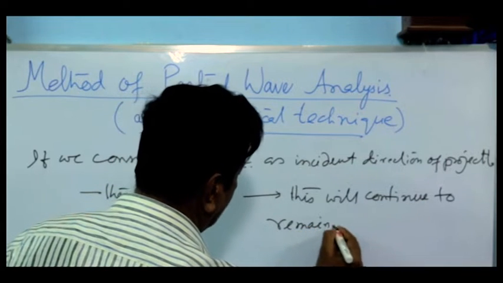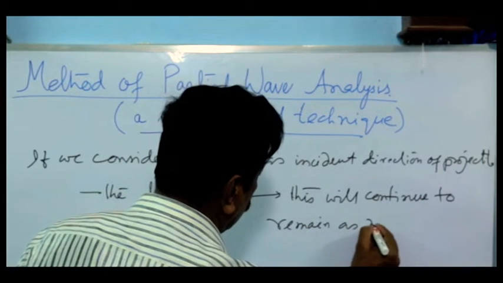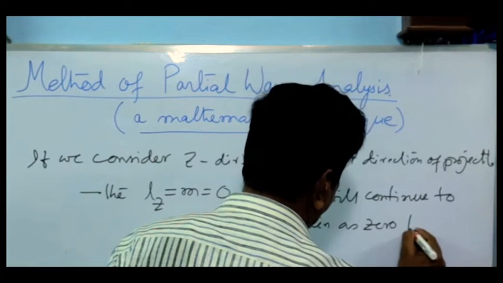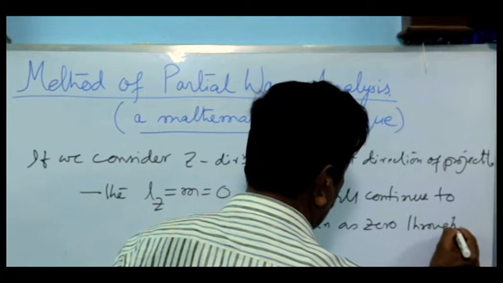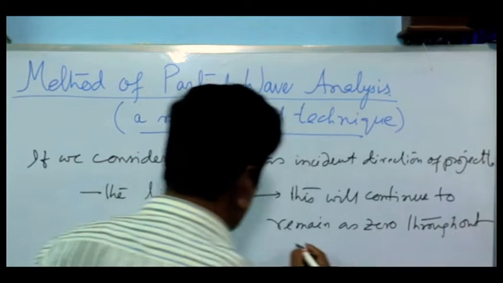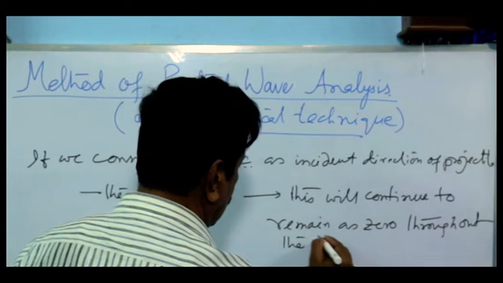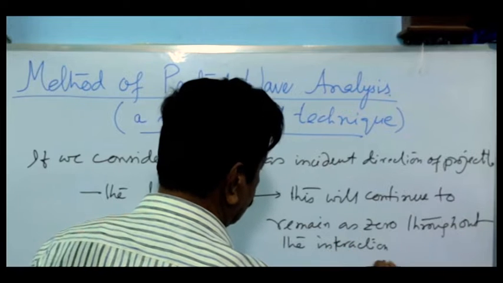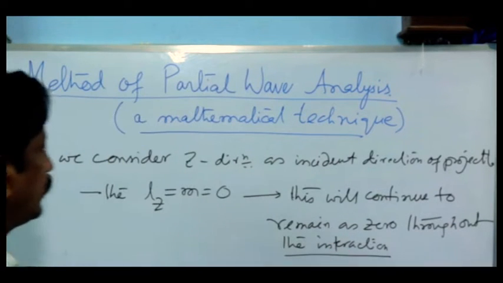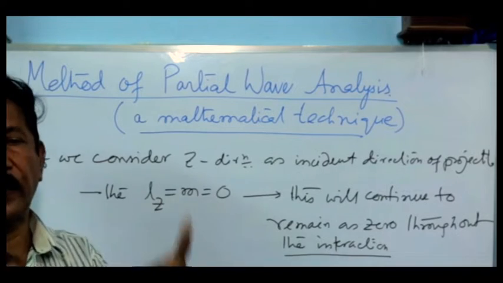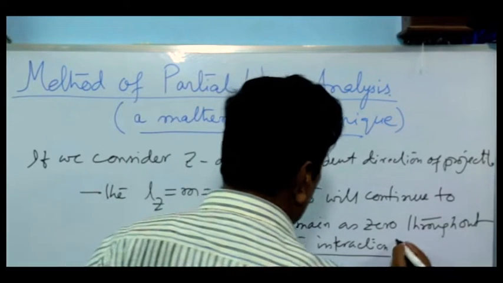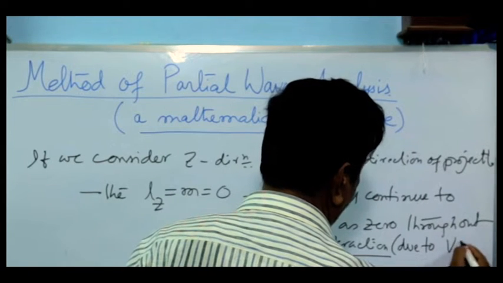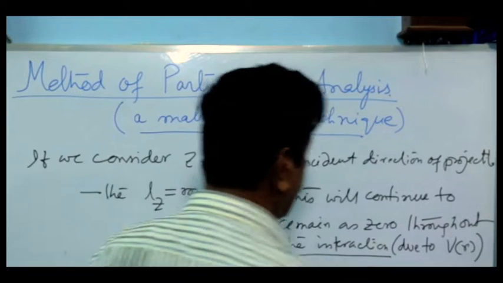It will continue to remain as 0 throughout the interaction. Why is this so? Because of the spherical symmetry, due to V of r, central type.